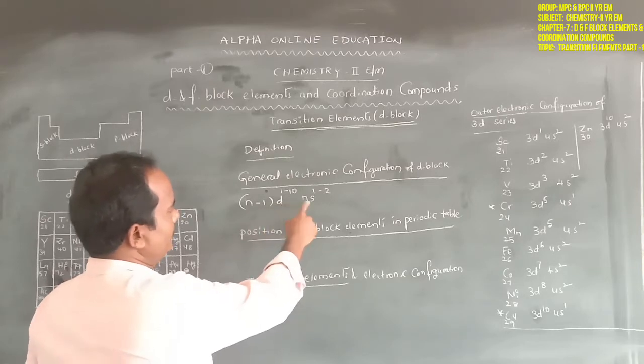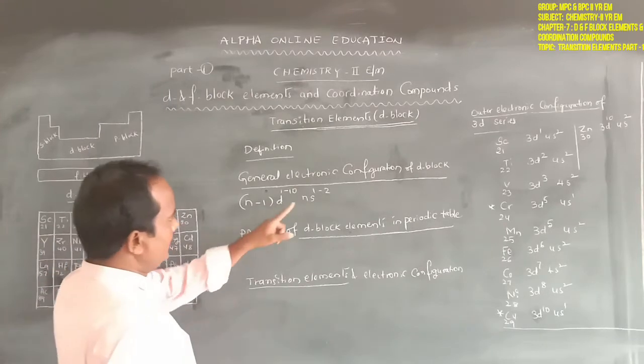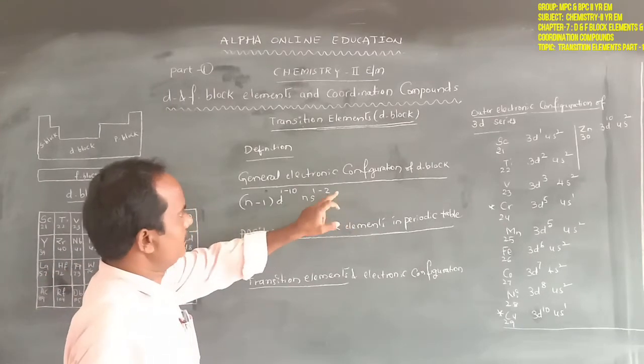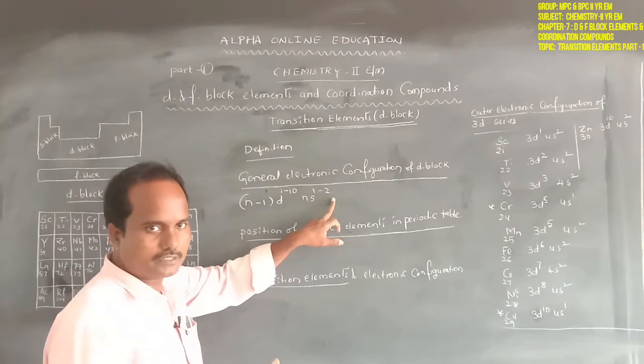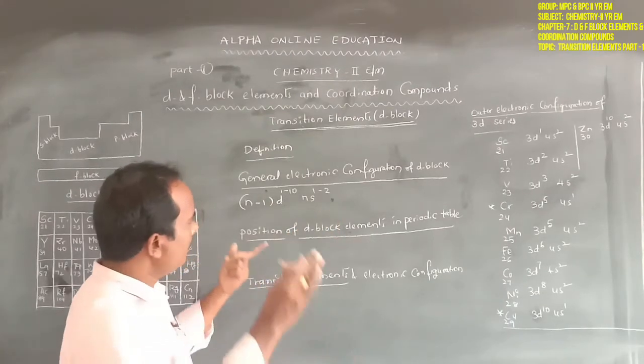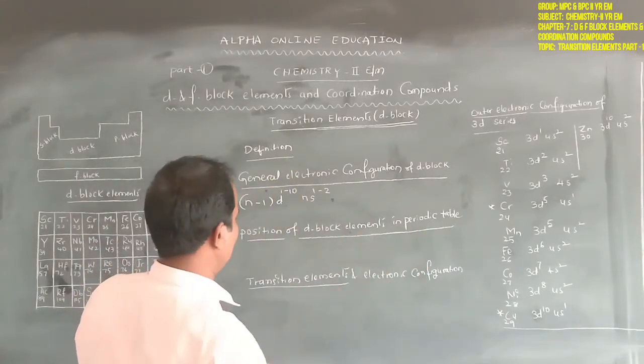These elements are called d block elements. All d block elements are not considered transition elements, but all transition elements are considered d block elements.